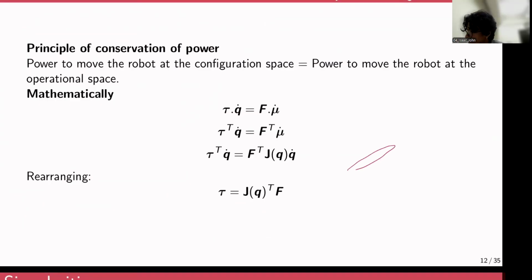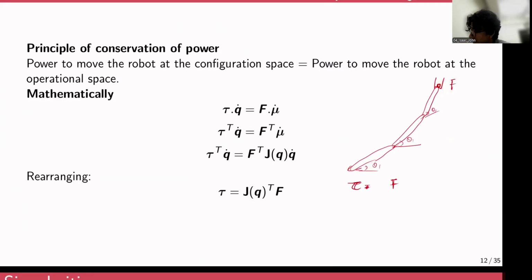Typically, the challenge is to find out, or maybe in this case, if you consider all the joints, the joint variables, and the wrench acting on the joint variables, represent the wrench acting on the joint variables using the symbol tau, and the wrench acting on the end effector as F. You can still use the Jacobian matrix to have a mapping between the wrench on the joints and the wrench on the task.